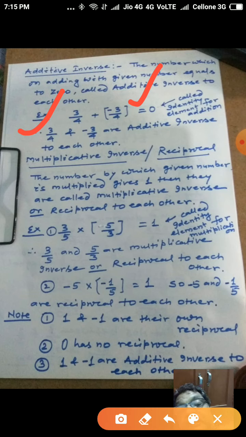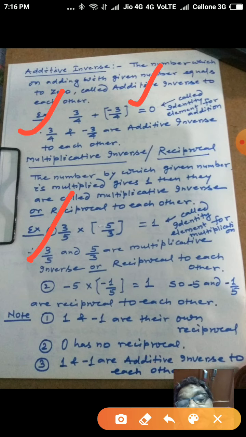For example, the given number is 3 by 5, then we have to find such a number by which multiplied to give 1, and that number becomes 5 by 3. It means when 3 by 5 is multiplied with 5 by 3, it gives 1. So we say 5 by 3 is the multiplicative inverse of 3 by 5, or 5 by 3 is the reciprocal of 3 by 5, or we can say both numbers are reciprocal to each other.